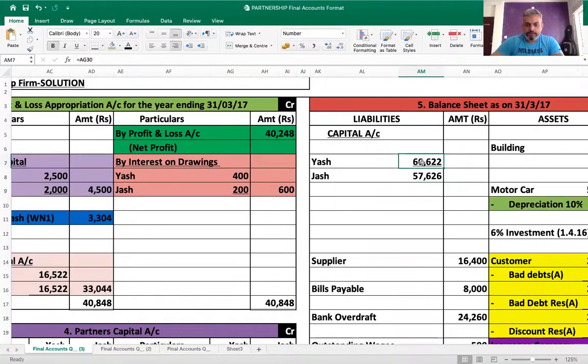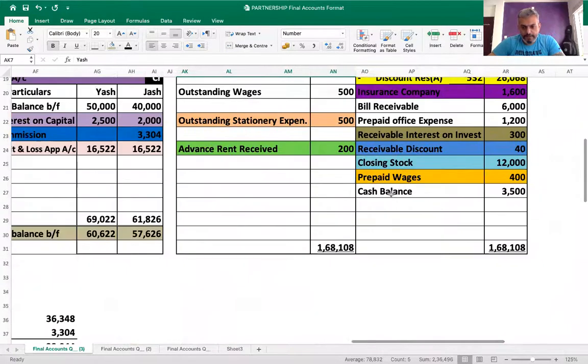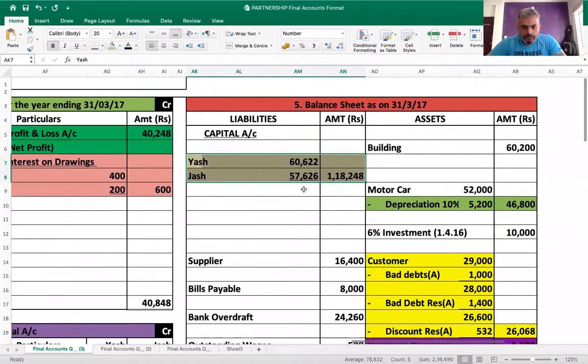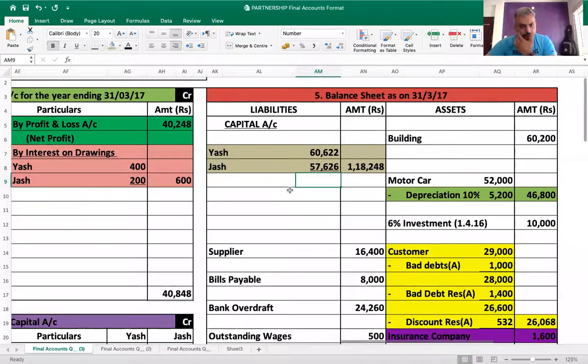Do the totals. Let's see if it's matching or not. Great. Go through the question, see if you have any doubts.